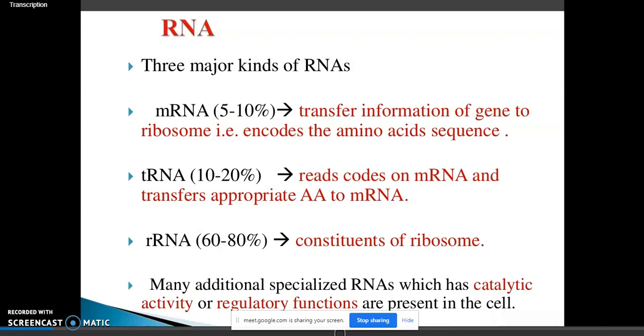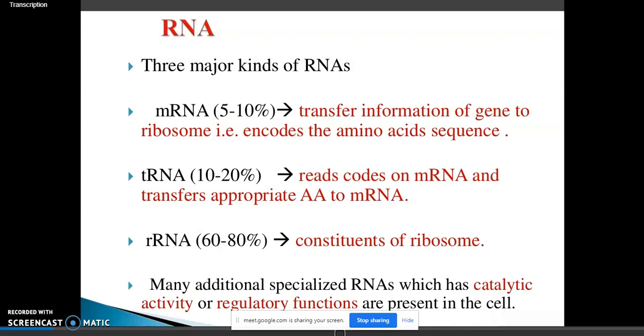For example, mRNA is referred to as messenger RNA that transfers information of a gene to the ribosome, that is, it encodes the amino acid sequence. And tRNA reads codons on mRNA and transfers the appropriate amino acid. And rRNA is a constituent of ribosomes. So don't get confused. We will discuss all these RNAs later.